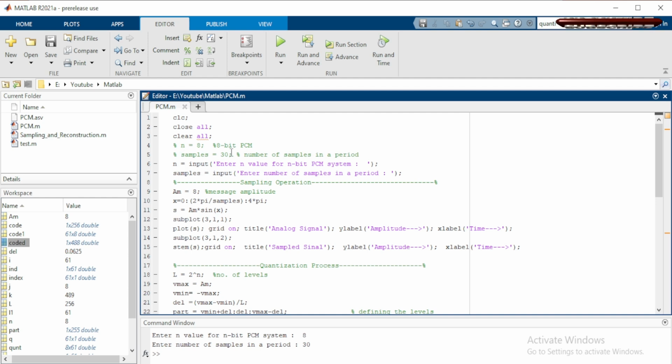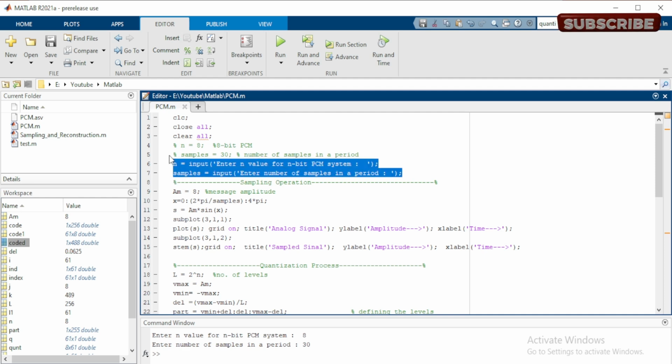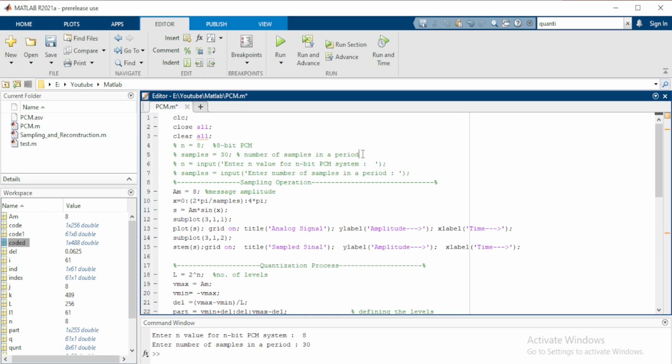If you don't want to generalize the program, just uncomment this here, and it is a similar pattern, that is n equals 8 and samples equals 30.